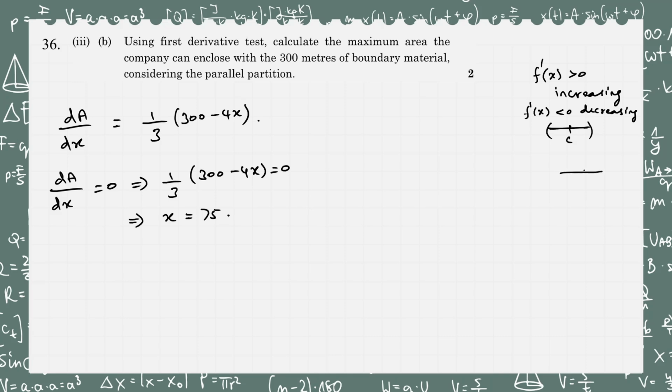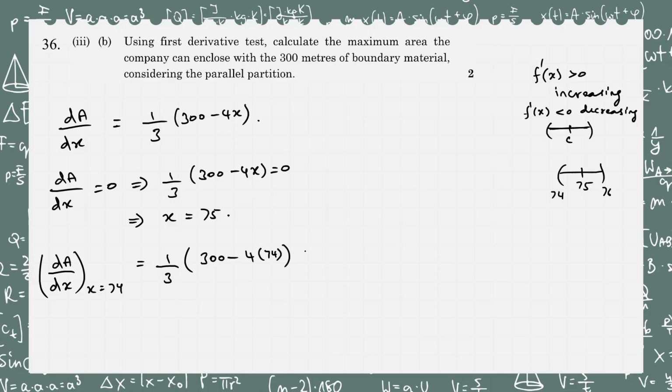So now consider 75's neighborhood. You can consider 74 to 76 as an interval and check the nature of f dash of x in that interval. So for example, dA by dx value when x equal to 74 will be 1 by 3 into (300 minus 4 times 74), right?